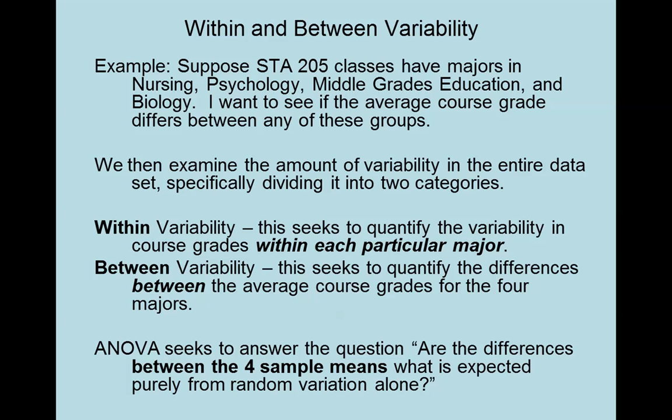Are the differences between the four sample means just what we expect from random variation, because not everybody gets the same grade? Are the differences we're seeing in sample means just that random part, or is it something more indicative that there are true differences in performance based on major?